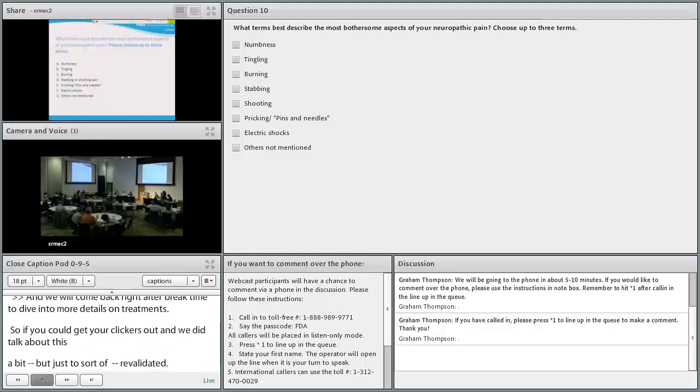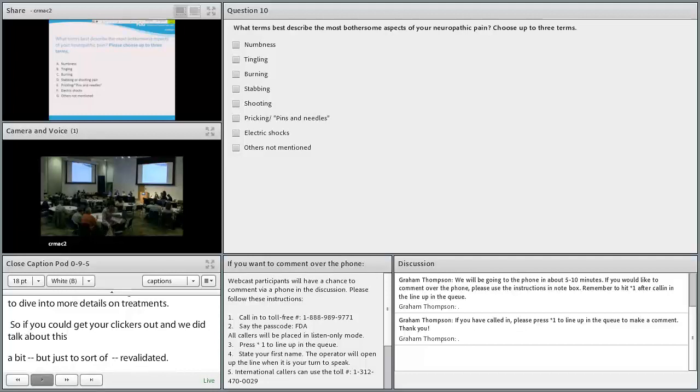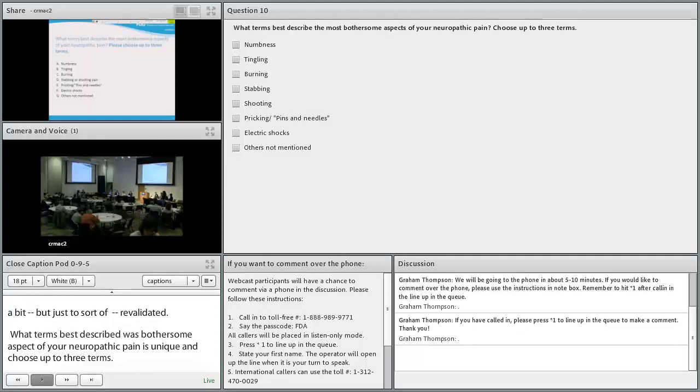A, numbness, B, tingling, C, burning, D, stabbing or shooting pain, E, prickling, pins and needles, F, electric shocks, or G, others not mentioned.